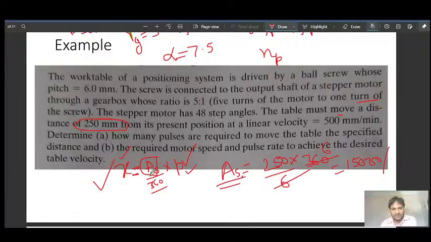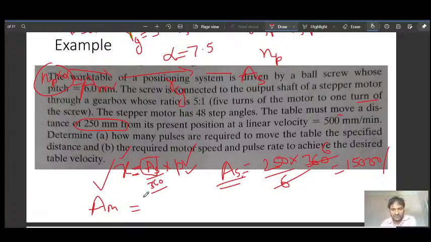We need to find AM, because in AM is the total angle required to drive the X position. The pulse moves the motor and the motor, through gear reduction, drives the screw AS. So here we have RG and here we have AM, the number of pulses, and we multiply with the step angle alpha, and we will get the total AM value.